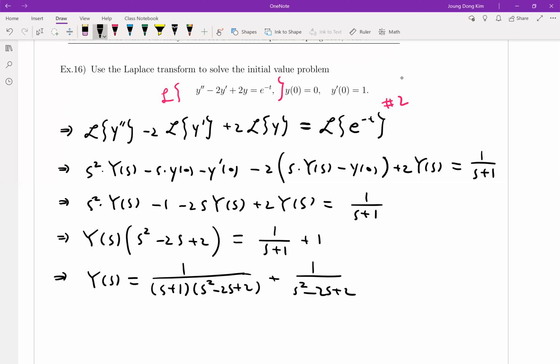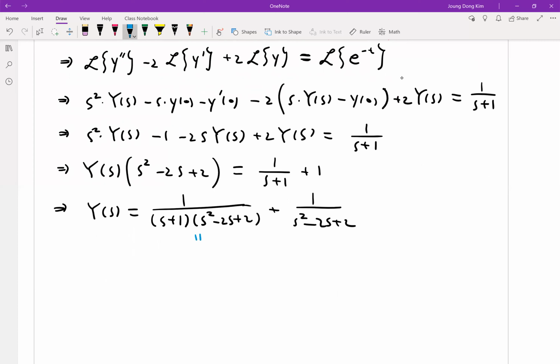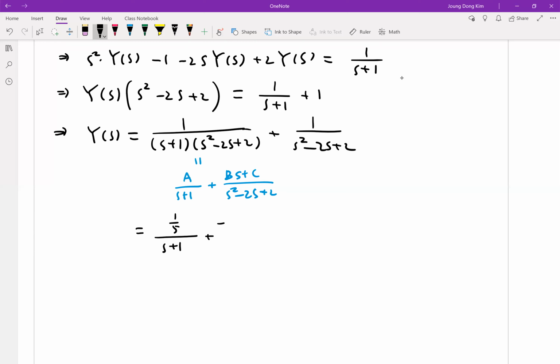We use the partial fraction for this one, then this will be written as A over s plus 1 plus Bs plus C over s squared minus 2s plus 2, right? And I believe you can do this one. Then once you do that, it can be written as 1/5 over s plus 1 plus (minus 1/5 s plus 3/5) over s squared minus 2s plus 2, and we have another one here.